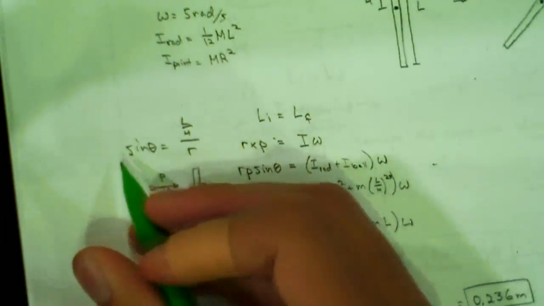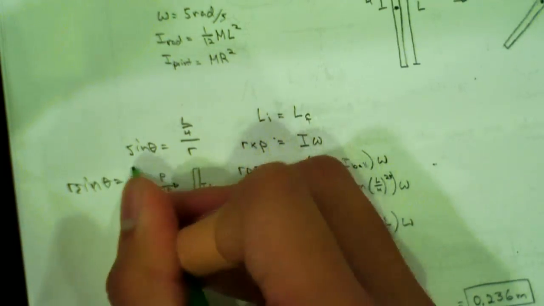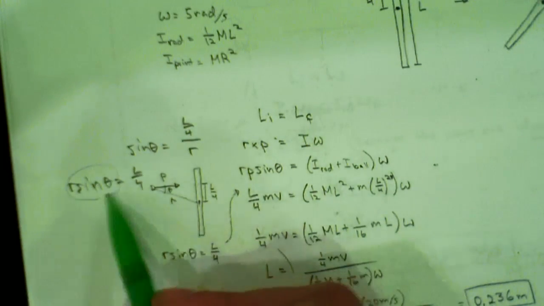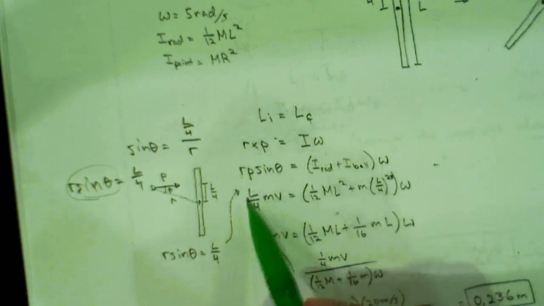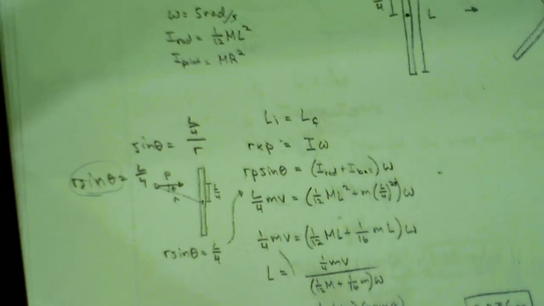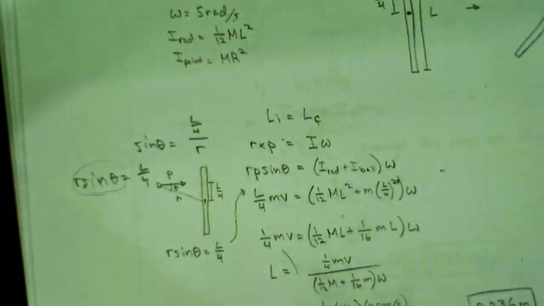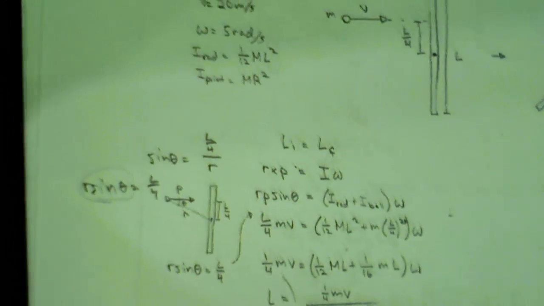So if I throw r over here, I get r sine theta equals L/4. I substituted this whole thing for L/4 right here, so the r sine theta went away and just turned into L/4. You don't need to know theta because it's constantly changing, but the ratio is staying the same. Any other questions on this problem?